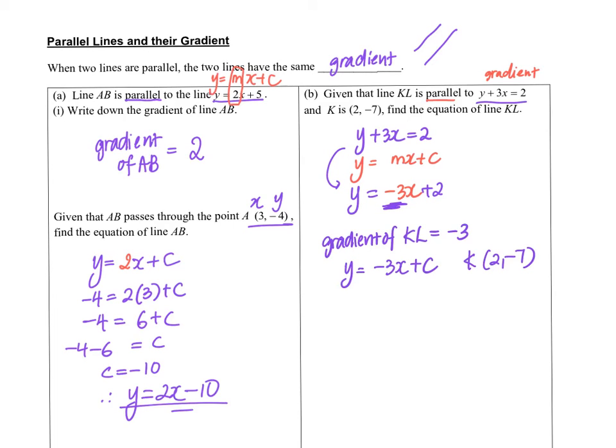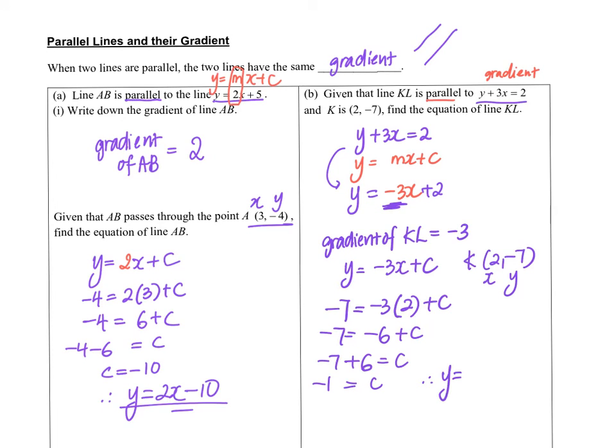KL will pass through the point K. So x equals 2, y equals negative 7. So negative 7 equals negative 3 times 2 plus c. Negative 7 equals negative 6 plus c. Negative 7 plus 6 equals c. c equals negative 1. So therefore, the equation of this line is y equals negative 3x minus 1.